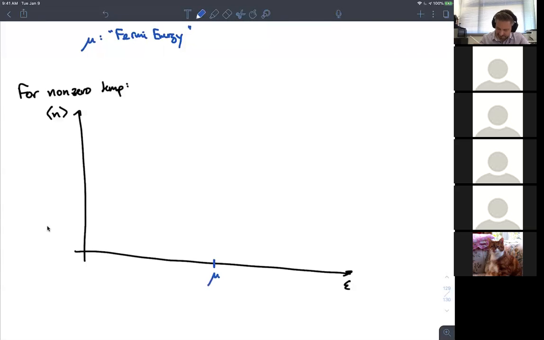So let's say the chemical potential slash Fermi energy is right here. What we just showed is that for T equals 0, this thing is a step function. It looks like this. Now what happens is as you increase the temperature, the thing just starts smoothing out, essentially.